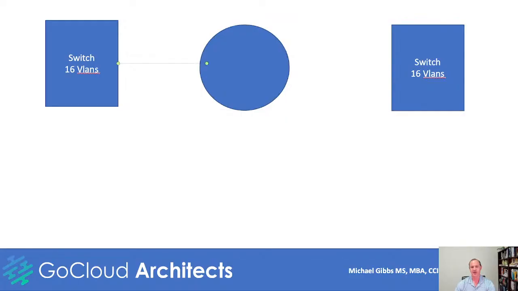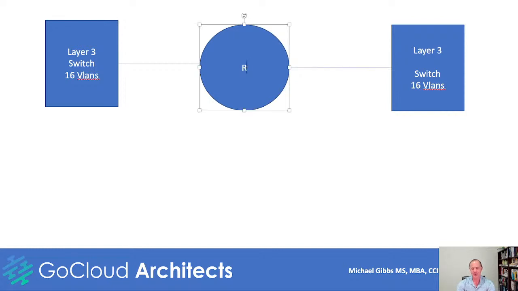Got a link. We're going to say this is a layer 3 switch. What do I mean by that? It's going to be a switch/router. So let's make the switch on the other end a layer 3 switch. And let's add a WAN link from the router in the center to this next switch. Can anybody tell me how many subnets I need right now? At minimum?